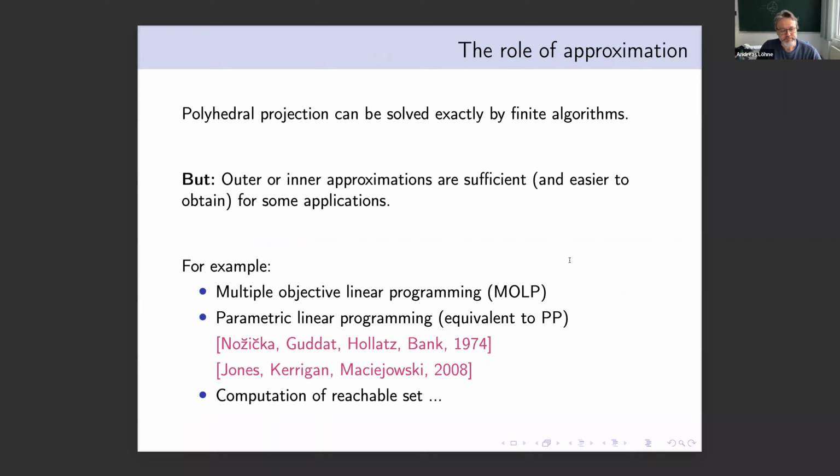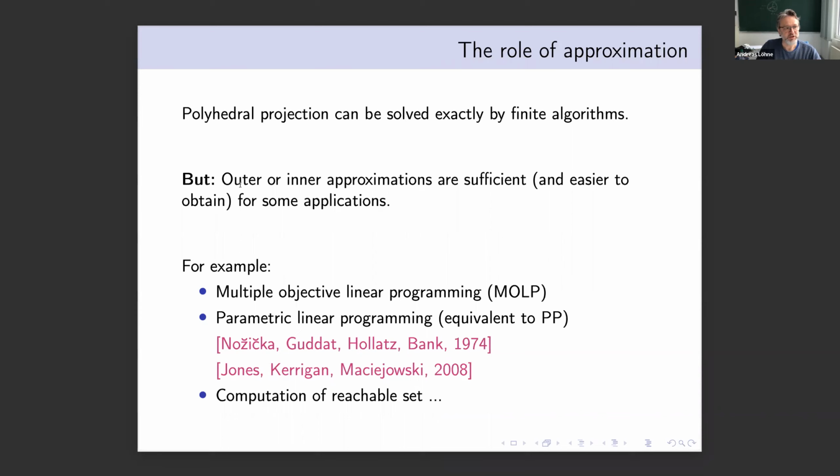Okay, now I want to speak about approximation. Polyhedral projection, of course, can be solved exactly by finite algorithms, but sometimes outer or inner approximations are sufficient, and sometimes they are also easier to obtain.